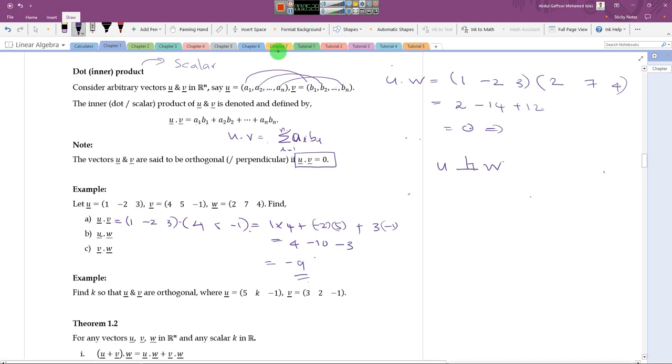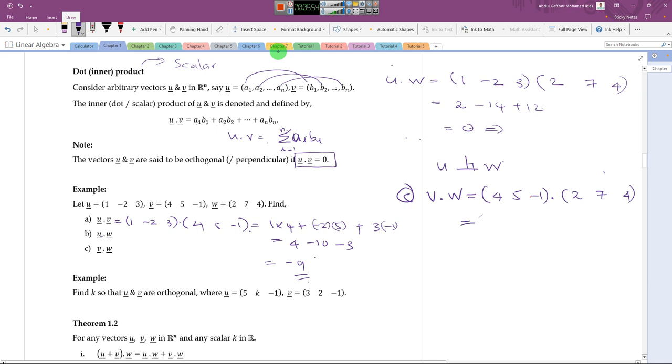Then we will move to the C part, v dot w. So v dot w is equal to, first we write v, which is 4, 5, negative 1, dot w, which should be written next: 2, 7, 4. Then I have to sum the multiplication of the corresponding entries.